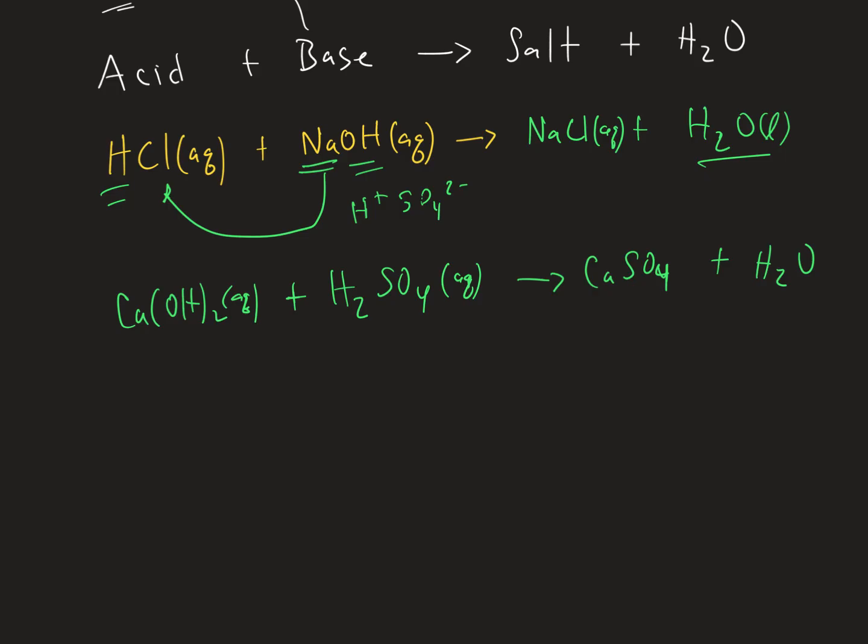Precipitation. Is it a double replacement reaction? Yes. The silver hooks up with chlorine, and the hydrogen hooks up with nitrate. Good? So that's a precipitation reaction. Do you got the rest of them from here? How to figure these out?